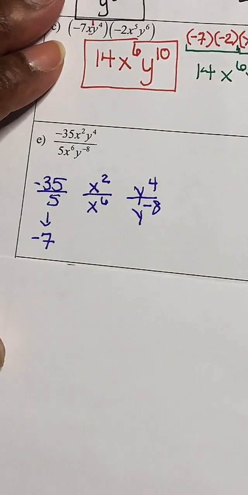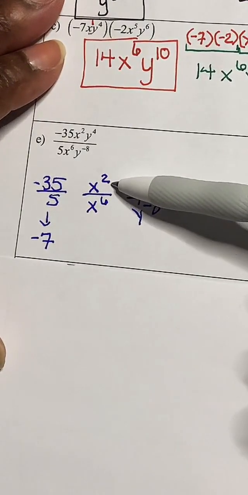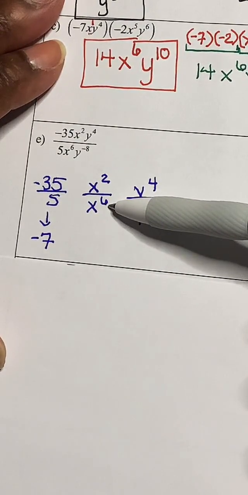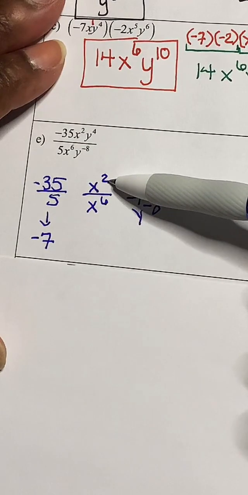Why don't we think this way? Ready? You have 2 x's in the numerator. You have 6 x's in the denominator. If I do 6 minus 2, I will get 4. But where are those 4 x's located?